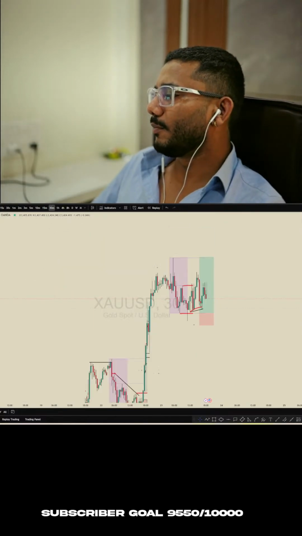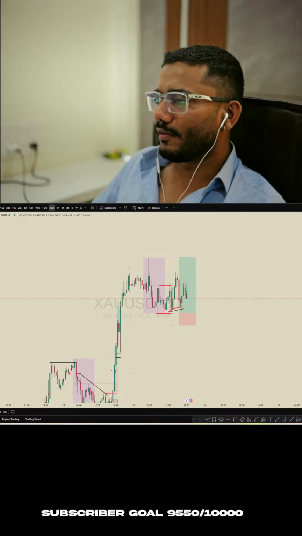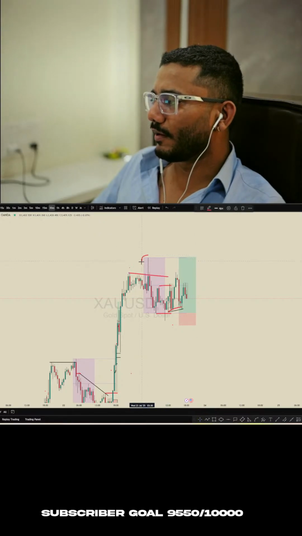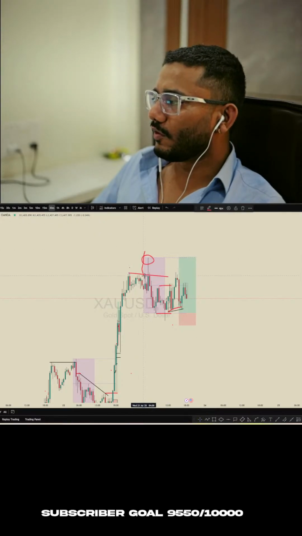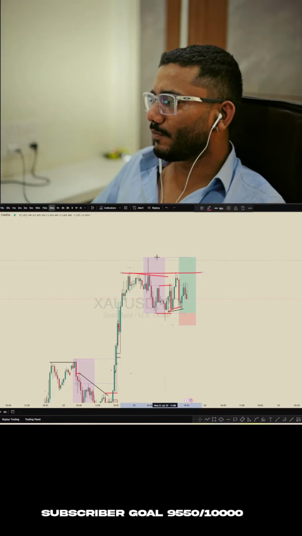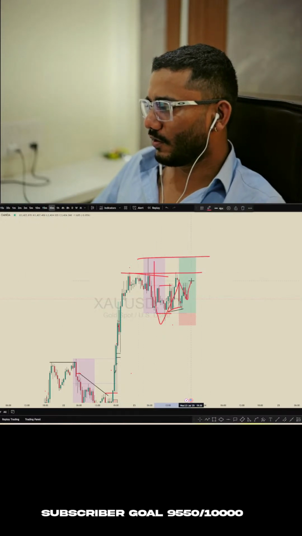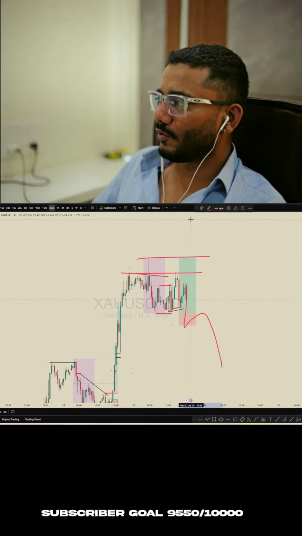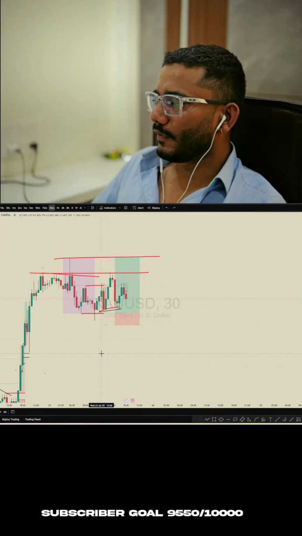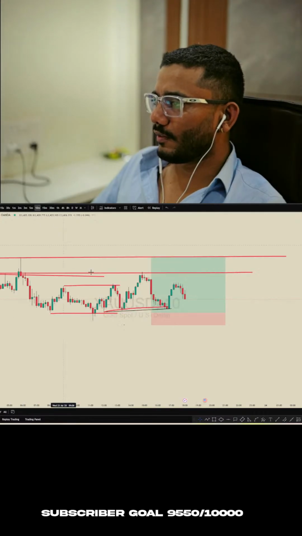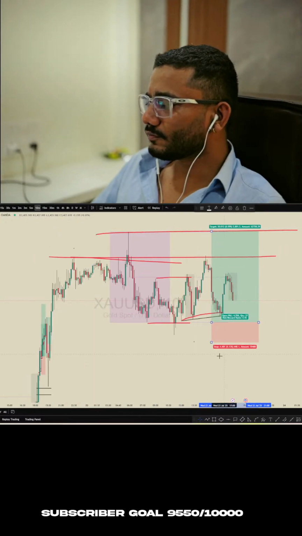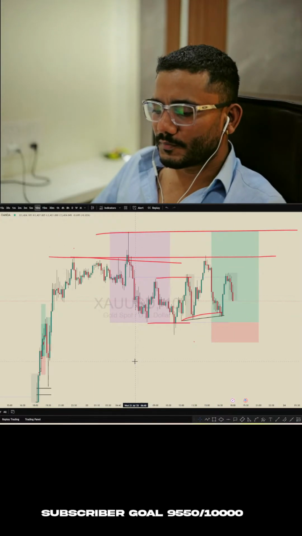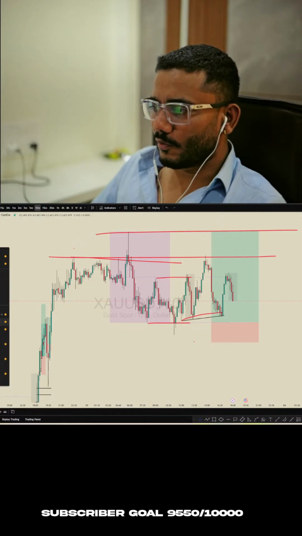If you look at the 30-minute time frame, we can see price has already swept this liquidity and created this huge downside wick. It shows that there is buying and selling pressure in this area. The second confirmation is that price has not only swept this liquidity.